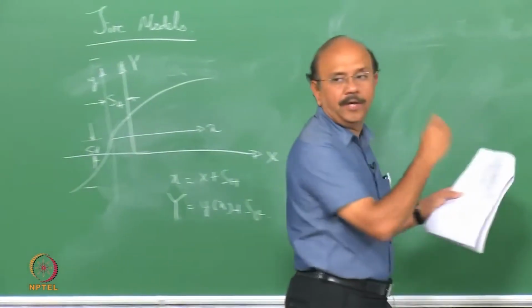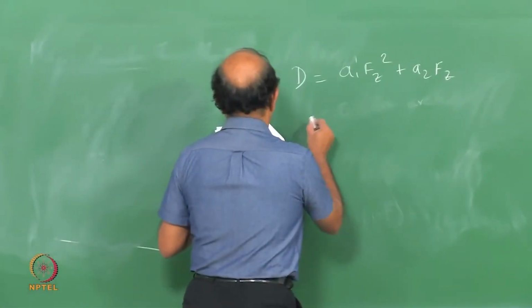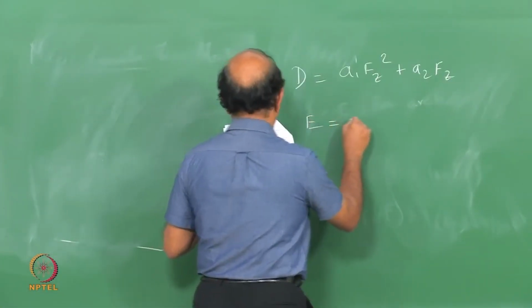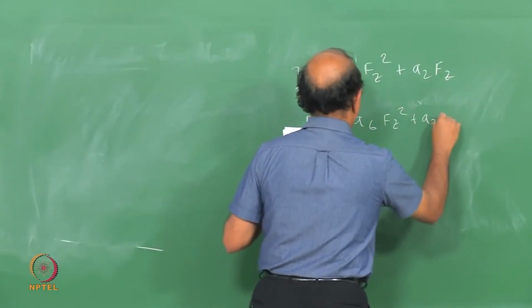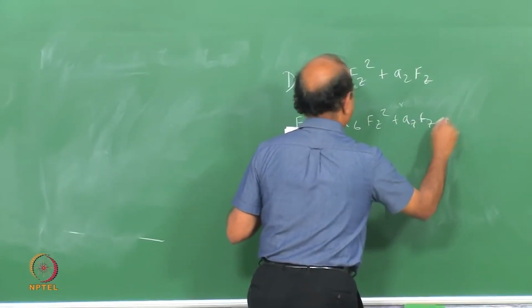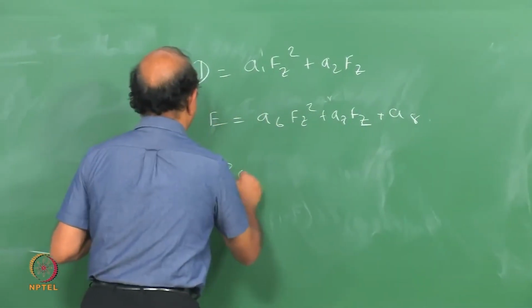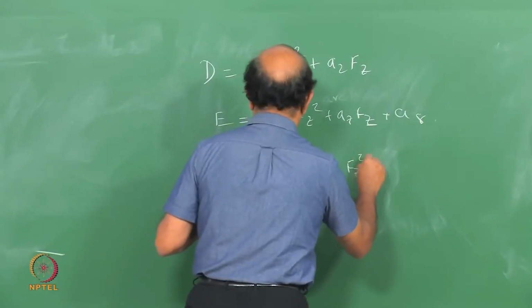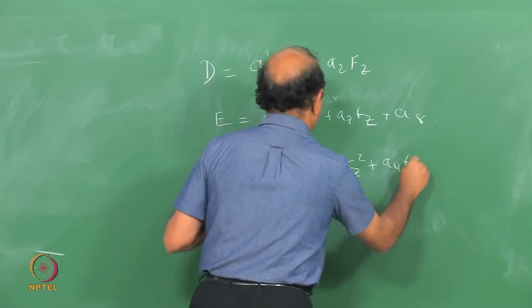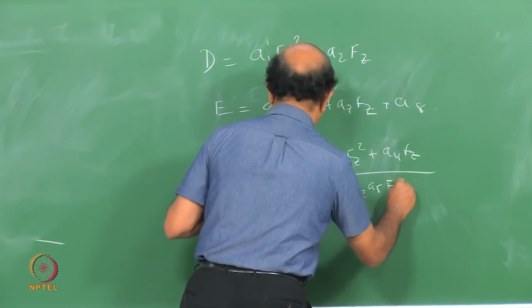D is equal to A1 Fz squared plus A2 Fz, and E is equal to A6 Fz squared plus A7 Fz plus A8. BCD, the initial slope, is A3 Fz squared plus A4 Fz divided by e power A5 Fz.